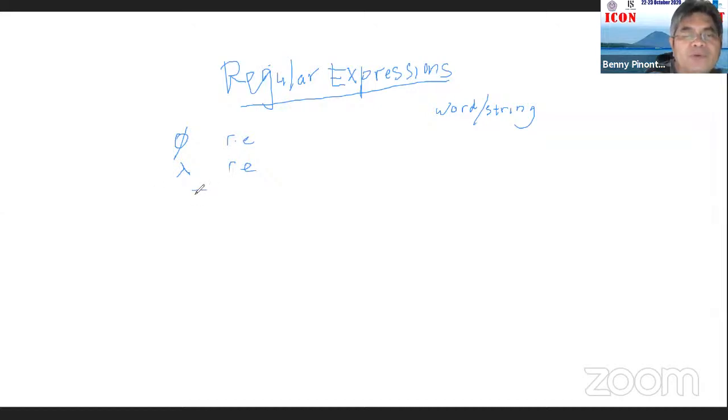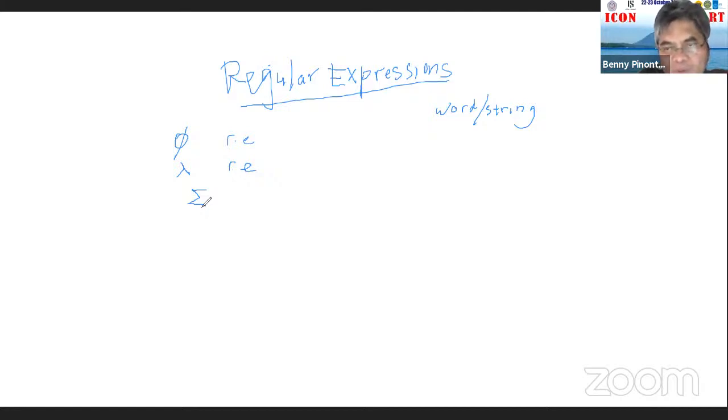And if we have the alphabet, so this is the alphabet. Just like in the Indonesian language, you have 26 letters in the alphabet. Letters and symbols are different.